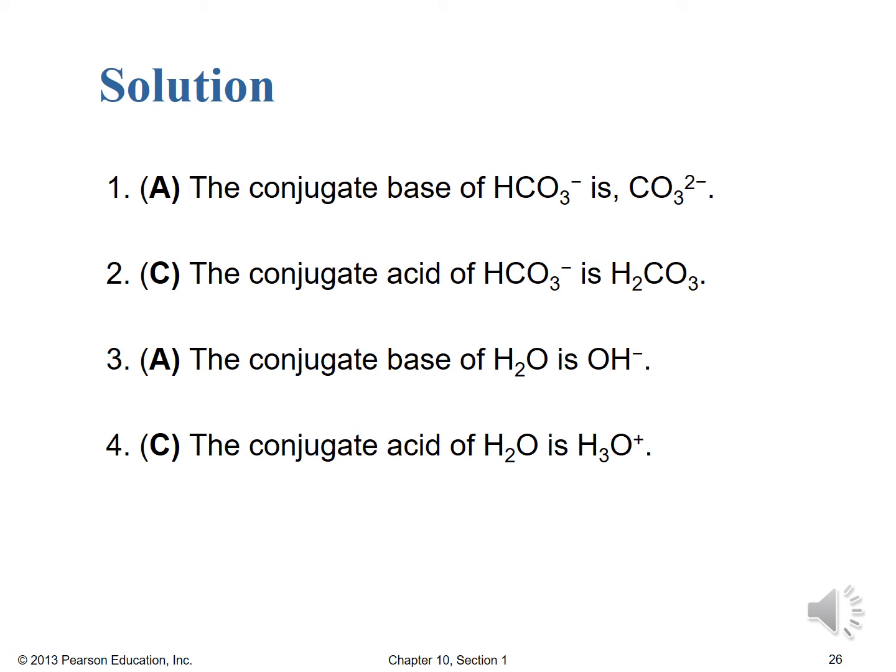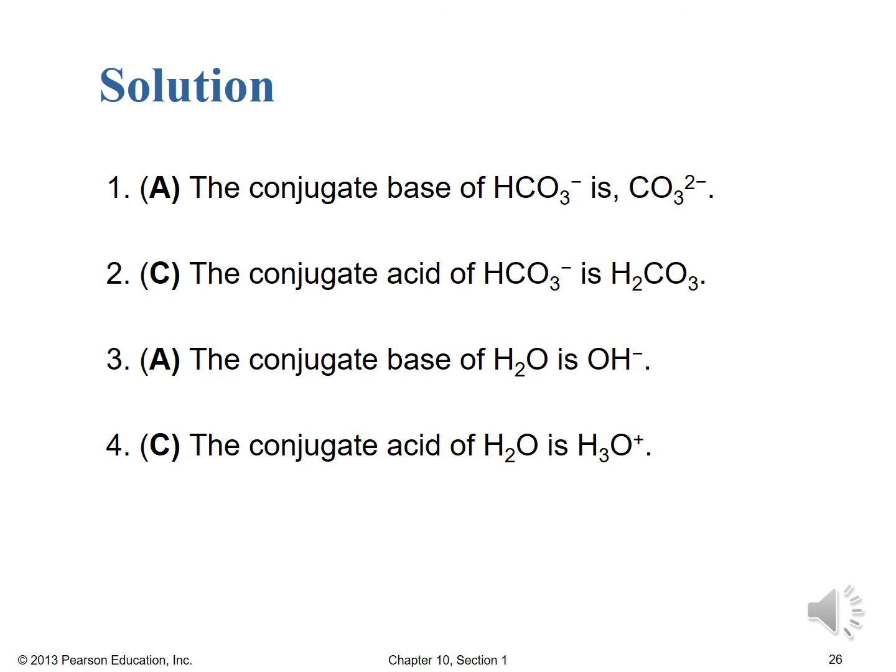and we get H2CO3. We'll find that there's something special about a species that can either gain or lose an H+, and we'll call that an amphoteric or amphiprotic substance, and we'll see that buffer systems often use those, like the bicarbonate buffer system in our body, so it resists pH change. 3 and 4 are also a single substance that can either have a conjugate acid or base, and number 3, A was the correct choice because the conjugate base of H2O is OH-.